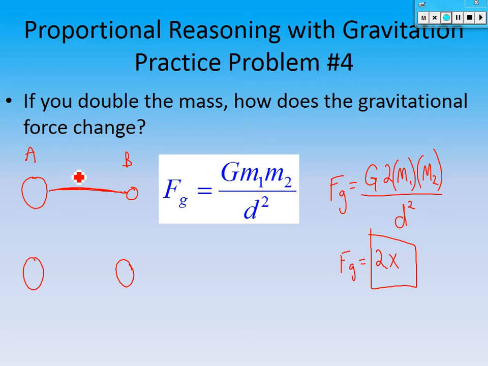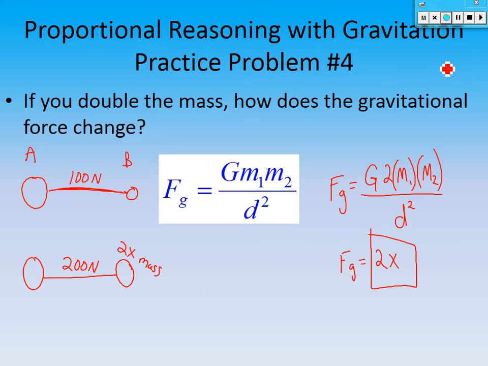If this was 100 newtons between them, now, if we kept the distance the same, but all we did was make this one 2 times the mass, the force of gravity between them is going to be 200 newtons. We just use proportions to figure that out. So hopefully that makes sense.